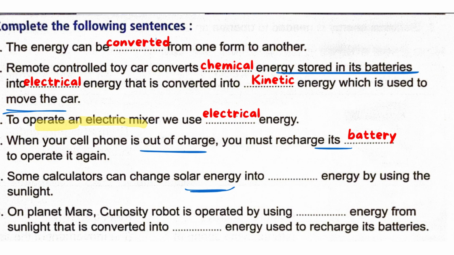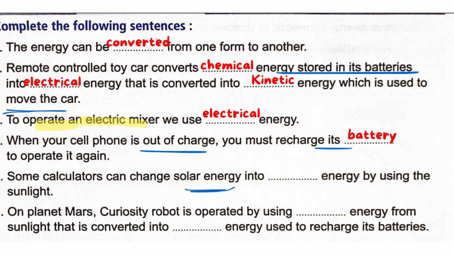We recharge its battery to operate it again because here the chemical energy in the battery is converted into electrical energy that operates the cell phone. Okay, so the thing that is recharged is the battery.